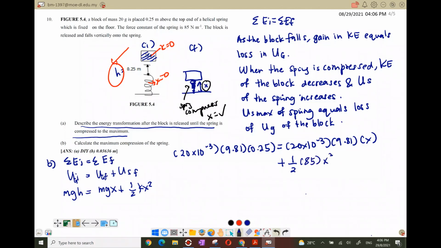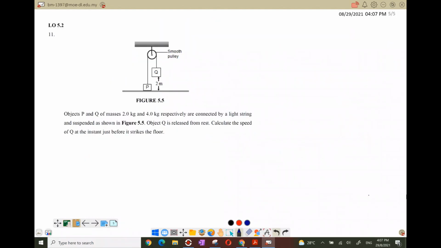Then we rearrange the equation, we get 4.25x squared minus 0.1962x minus 0.04905 equals 0. So x equals 0.03636 meter.